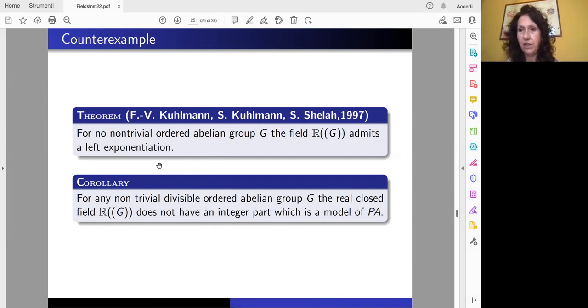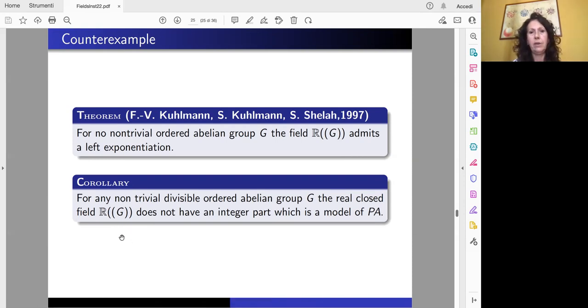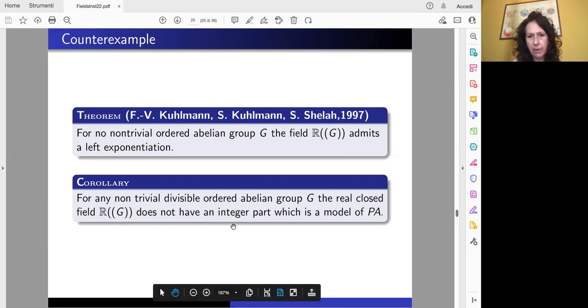We can define an exponentiation on it. So this is a first example of an uncountable real closed field which doesn't have any integer part. We still want to involve the recursive saturation property.